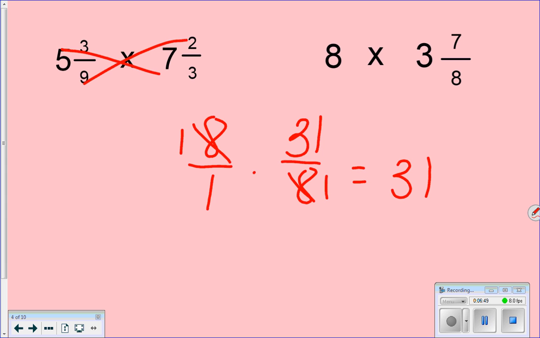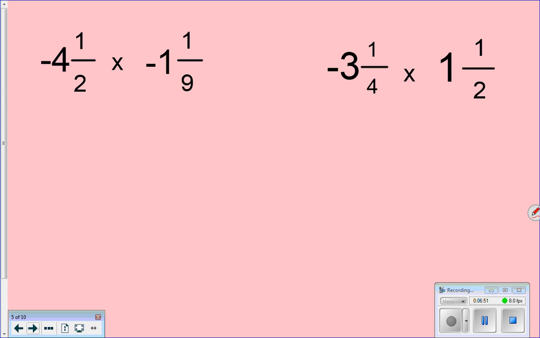Question? Got it? Do these for me. Actually, let's just pick one and do it. Which one do you want to do? This one? All right, go ahead and do that one. Oh, that's going to be an easy one.